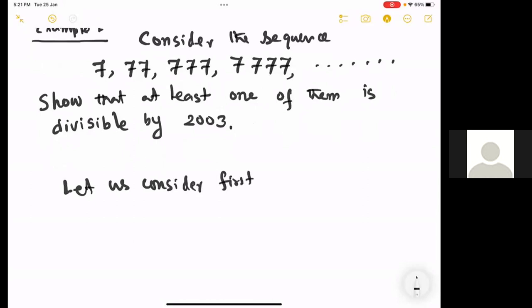So let us consider the first 2003 elements of the sequence.